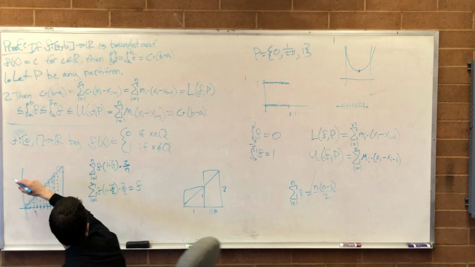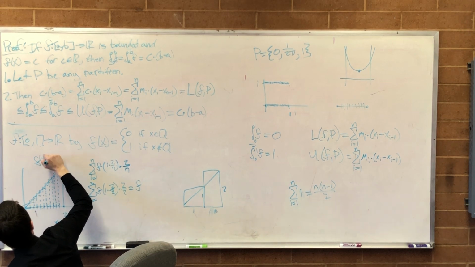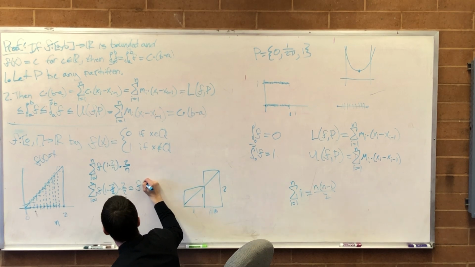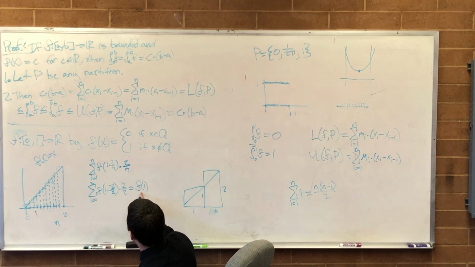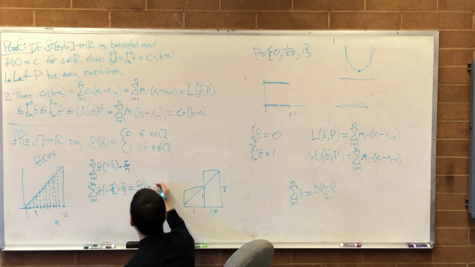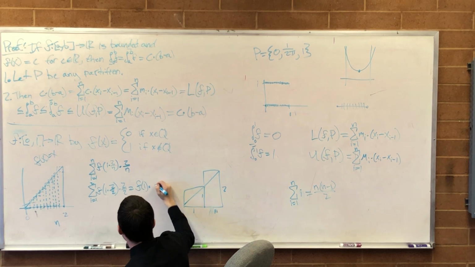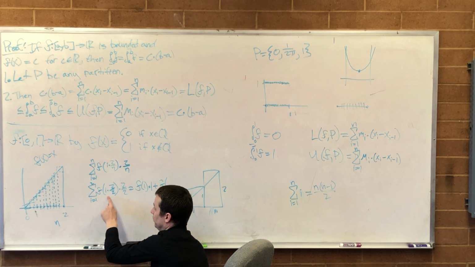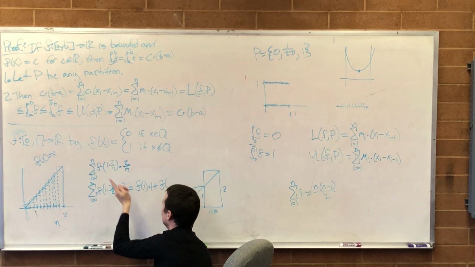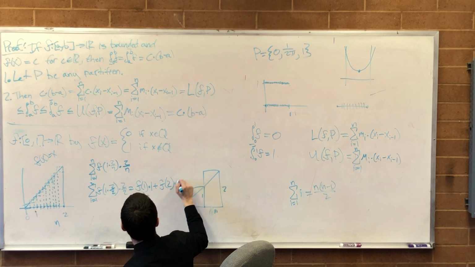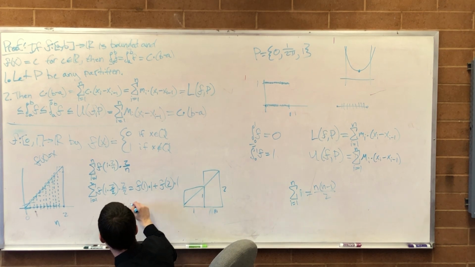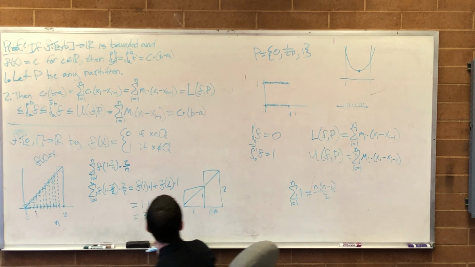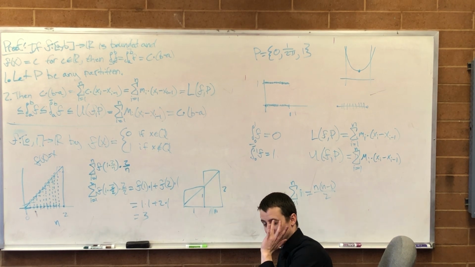Remember, our function f of x is equal to x, right? So when I plug 1 into that function, we'll just say f of 1 so far, times 2 over n, or in our case is 1, plus, now we're doing f of, what do I get when I plug 2 into this thing? 2's go out, we get f of 2 times 1 again. Or in other words, we get 1 times 1 plus 2 times 1, or we get 3, which is exactly what that would have given us.